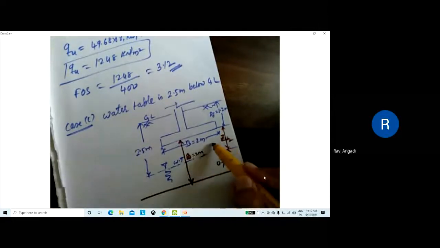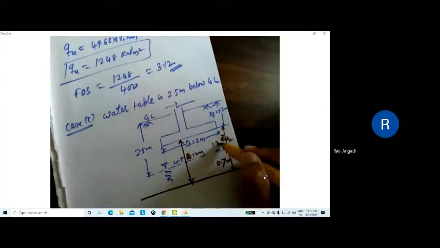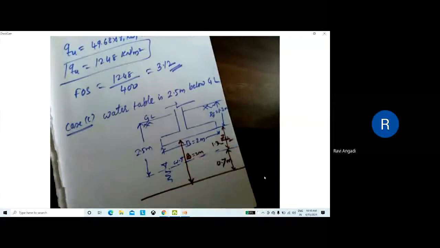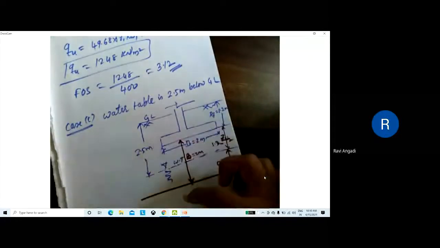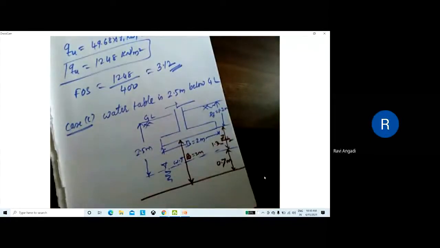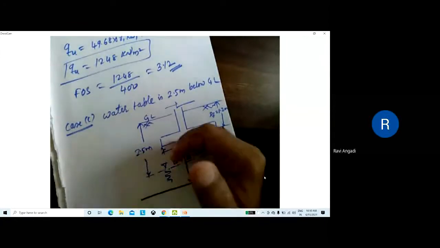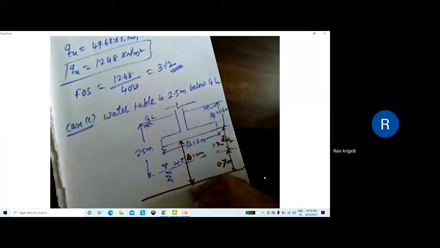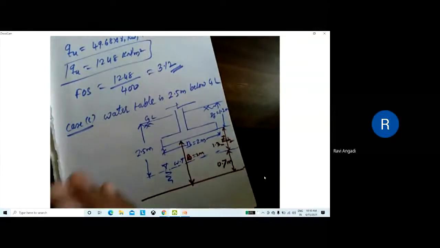And this is 1.3, ZW2 is 1.3. Whatever the value of RW1 and RW2 we are considering, that is with respect to the depth below the footing, that is to be taken equal to or less than B. If it is beyond B, then we do not take the effect into account, as we have seen in the first case.